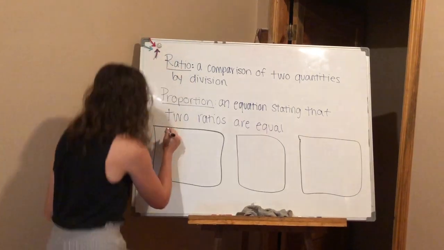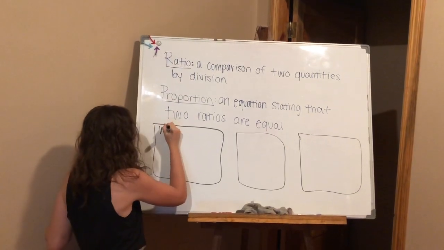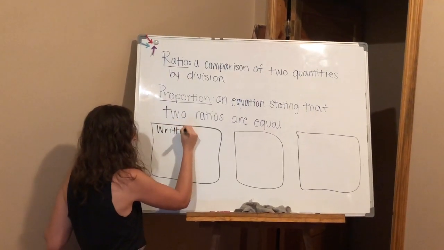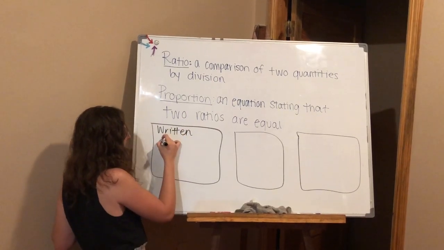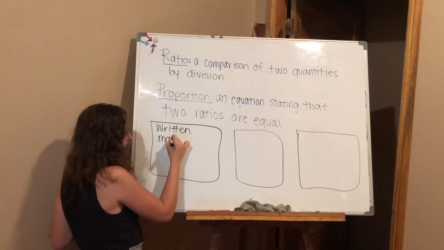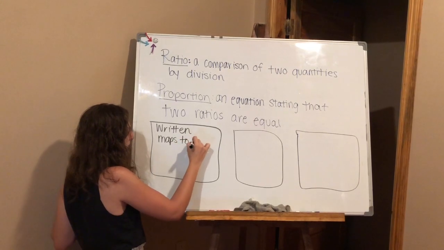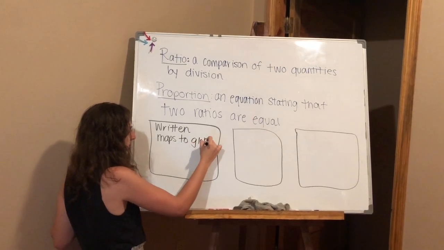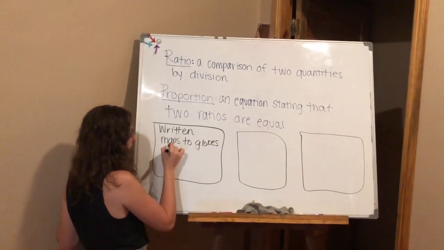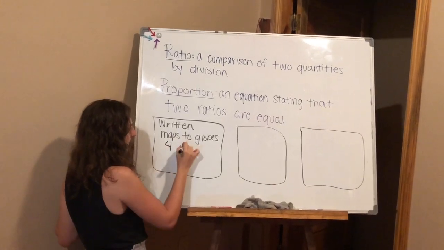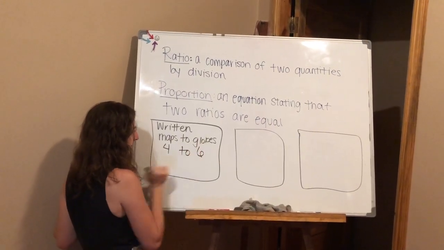So we're going to say this one is written: 4 maps to 6 globes.